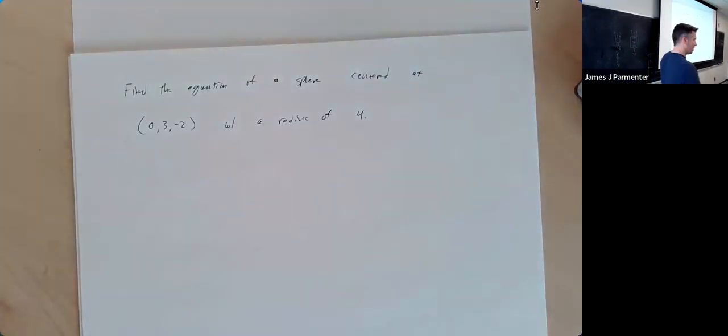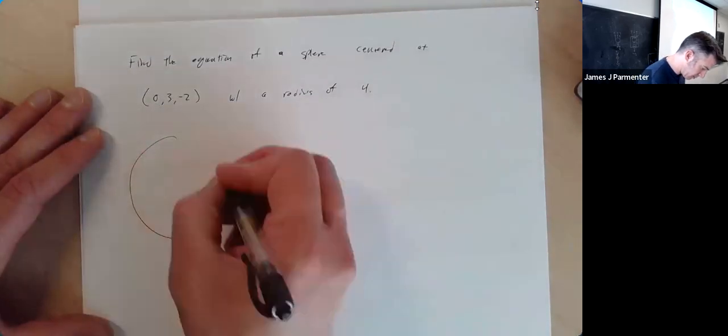Admittedly, we could just throw that into the formula. But I will point out, because I think it's worth pointing out, the whole idea about a sphere and a circle is that it's just all the points that are some distance away from the center. So the sphere is literally every point that's 4 units away from the center 0, 3, -2. So we think about it that way.